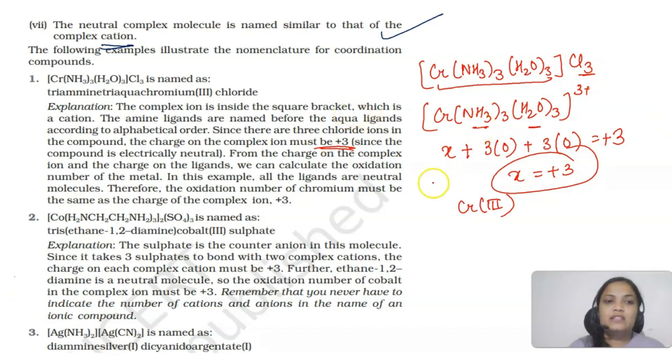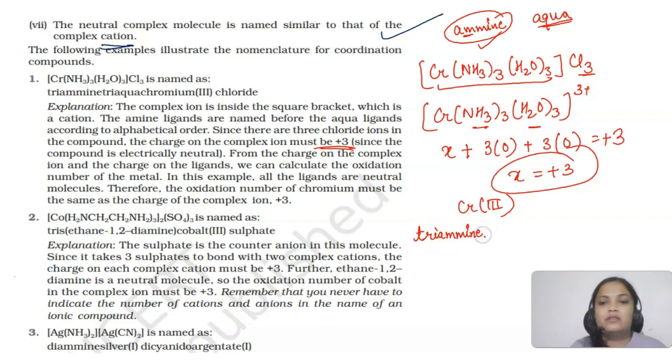Now you can see, students, that there are two ligands. One is NH3, for which we will be writing ammine, and for water we use aqua. And you write them in alphabetical order. AM is there and AQ is there, so ammine will be written first. Firstly you will be writing triammine, with no space, then triaqua, no space.